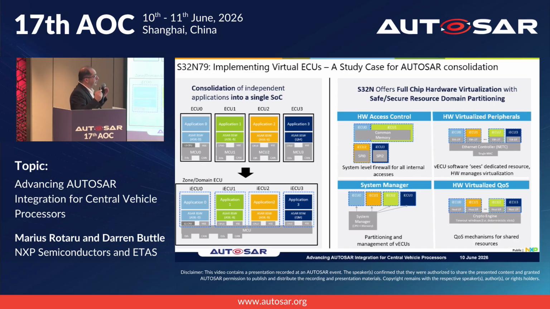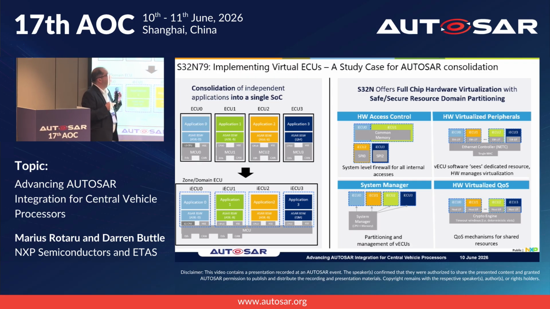When we do ECU consolidation, that means we need to consolidate independent applications running on discrete ECUs in a single SoC. In order to do this properly, SRT2N has been designed to provide full chip hardware virtualization with safe and secure resource domain partitioning.